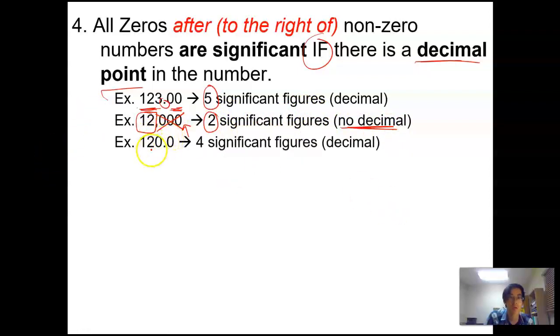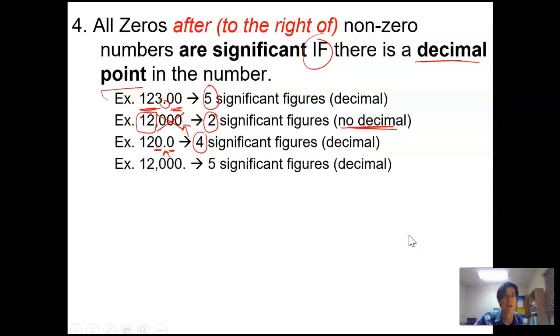Okay, so 120.0, right? There's a decimal there, so therefore these zeros do count, so that gives me a total of 4 sig figs. All right, and 12,000 with a decimal, right? The decimal right here means that these zeros right here do count. Okay, so I should have a total of 5 sig figs because of that decimal right there. All right.